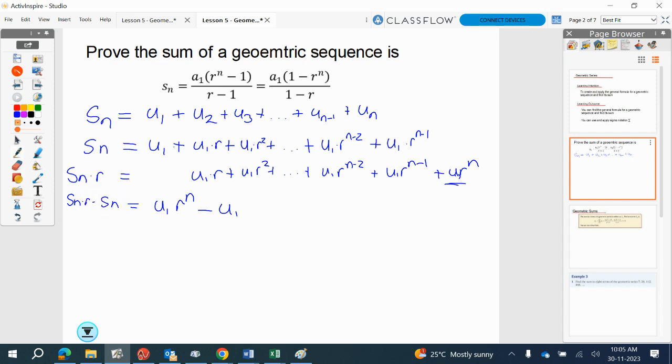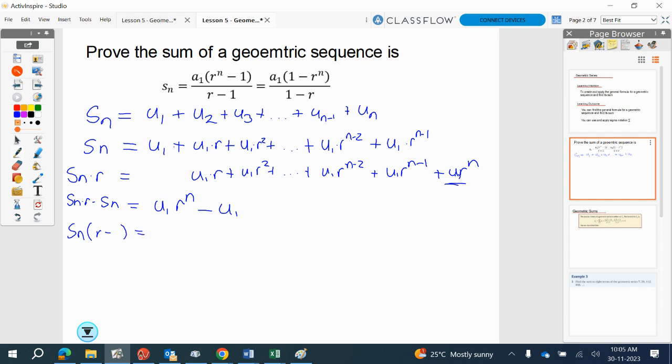Now, on the left-hand side, if we factor out Sn, what are we left with? What's going to go inside the bracket? Sn r minus how much?